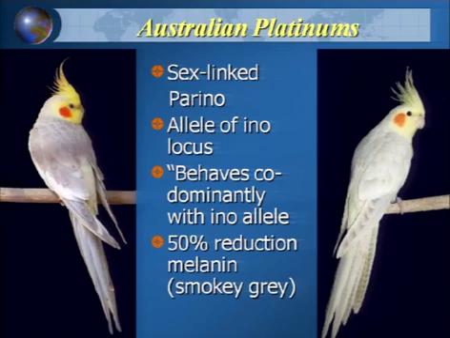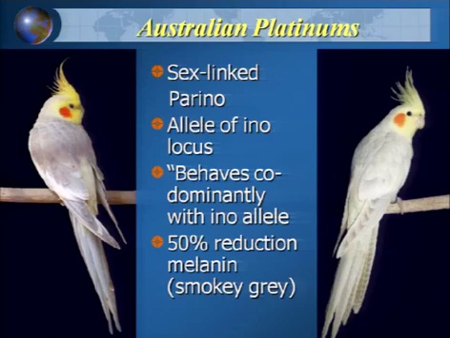Now, that gets confusing because in the UK, they were breeding the dominant silvers to their white face, and that combination they would refer to as platinum. So you have to be careful what terms you're using, whoever you're writing to or dealing with birds.